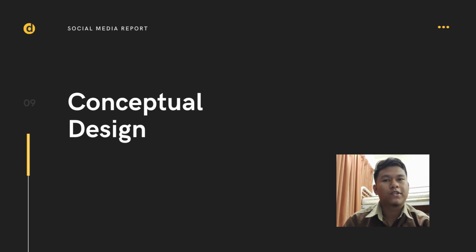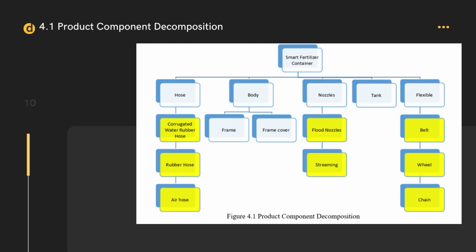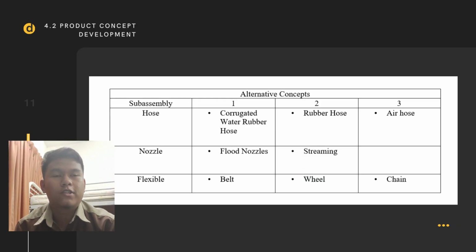So now I will present about the conceptual design. The conceptual design is the framework that establishes the aim and the idea behind a visual layout. For product concept development, at this point, several different conceptions for each sub-function of the product component decomposition have been produced.